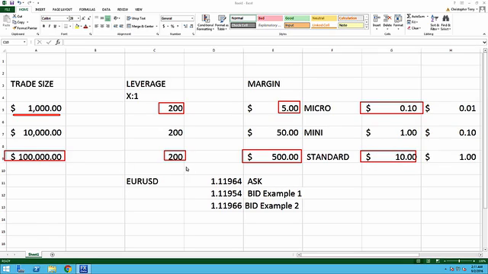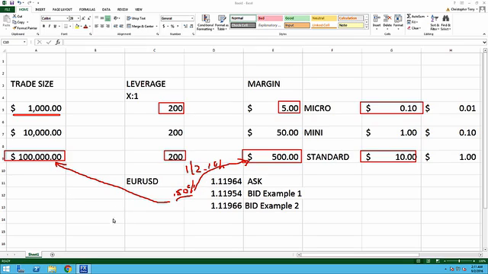Now understand something. This is 1/2 of 1%, or 0.50%. So you're depositing 1/2 of 1% on 100,000, which is 500.